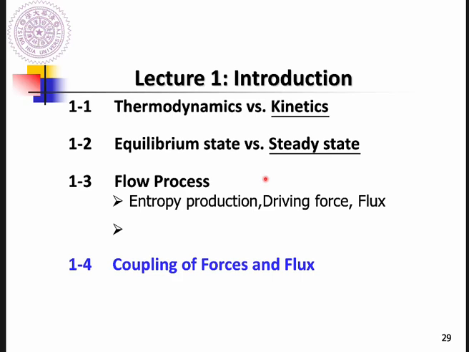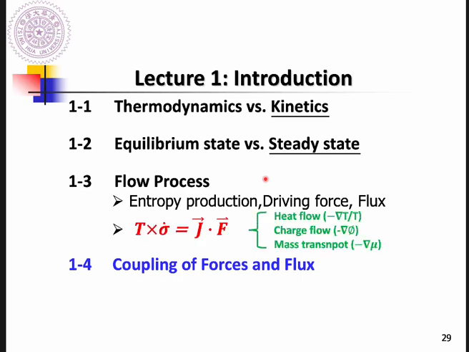If there's only one driving force, which can be the temperature gradient, the electrical potential gradient, or the chemical potential gradient, to drive this kinetic flow process, then we can use this beautiful equation to estimate the entropy production rate per volume by using what?